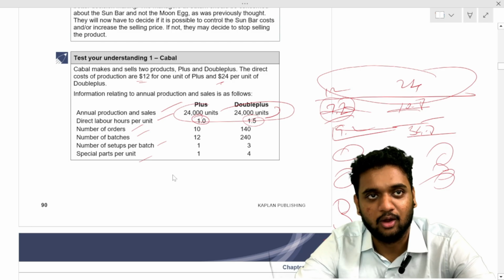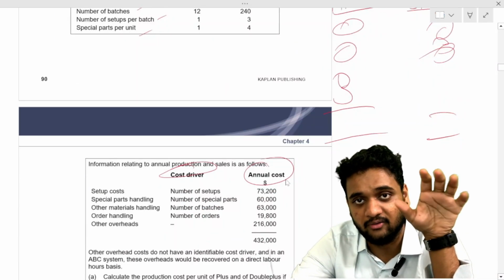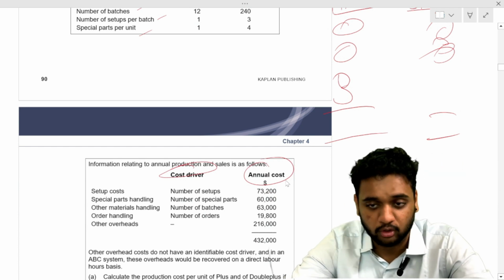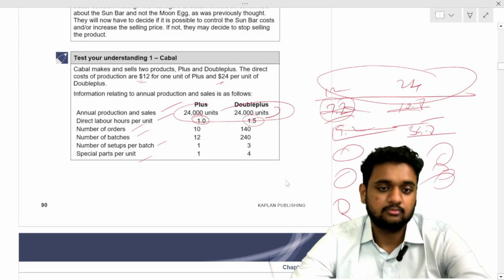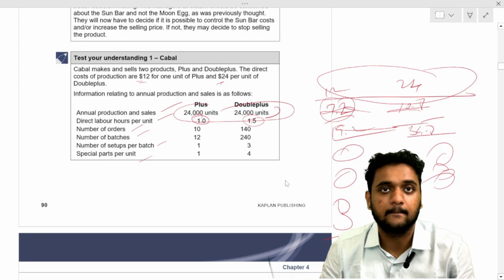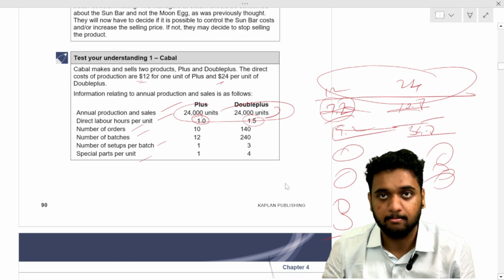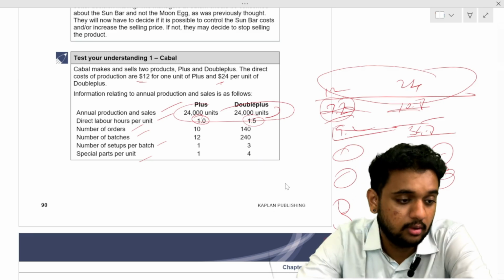I just want the answer. What is the number of setups? Total setup cost is 73,200. We have divided based on what? Any other answer? $732. You tell your answer.